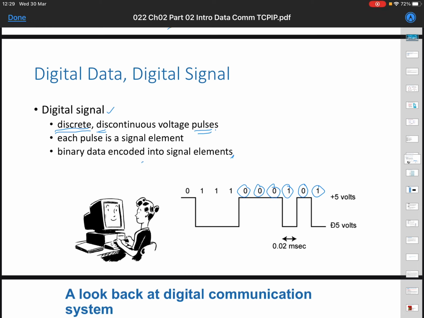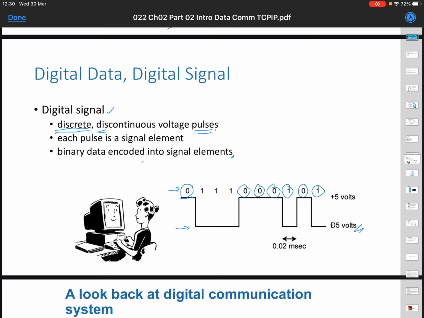So you have this binary data 0, 1, 1, 1, 1, 0, 0, 0, 0, 1, 0, 1, encoded into signal elements. You have this signal in volts. This is an example of the signal element. Here in this case you have high, 5 volts, for 0. Please do not be confused.